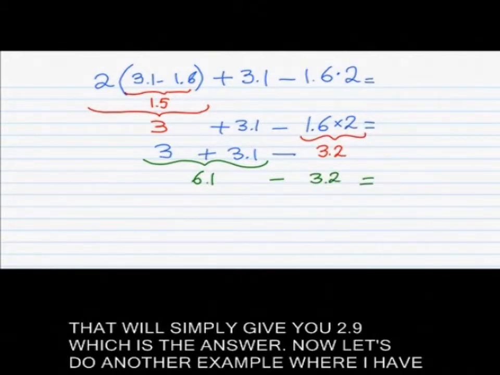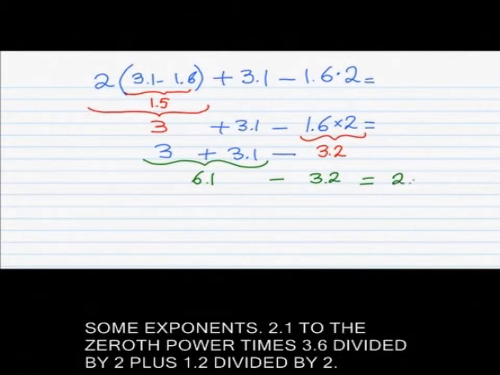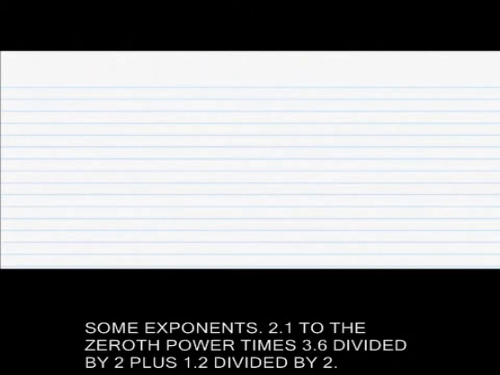Now let's do another example where I have some exponents. 2.1 to the 0th power times 3.6 divided by 2 plus 1.2 divided by 2.